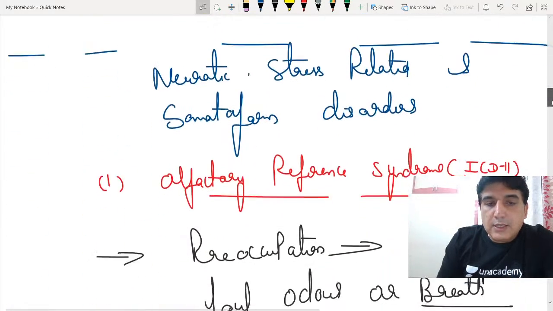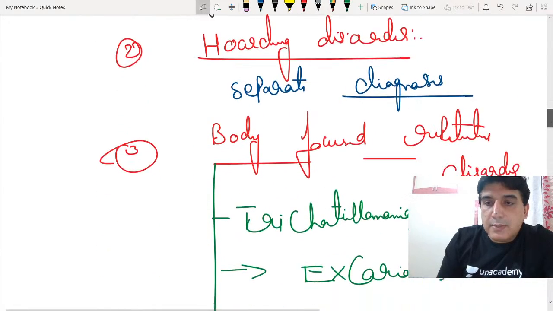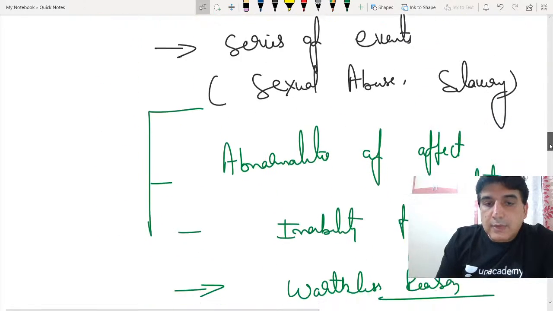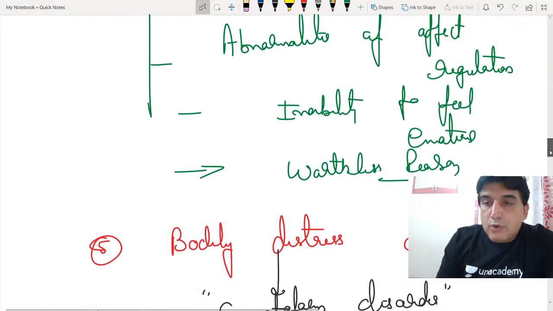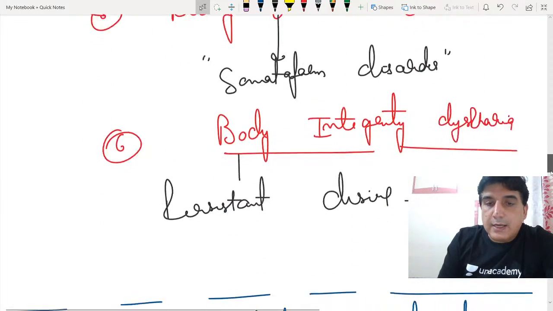In neurotic and stress disorders, we have olfactory reference syndrome, hoarding disorder, body-focused repetitive behavior disorder, complex PTSD, bodily distress disorder, another name for somatoform disorder, and body integrity dysphoria.